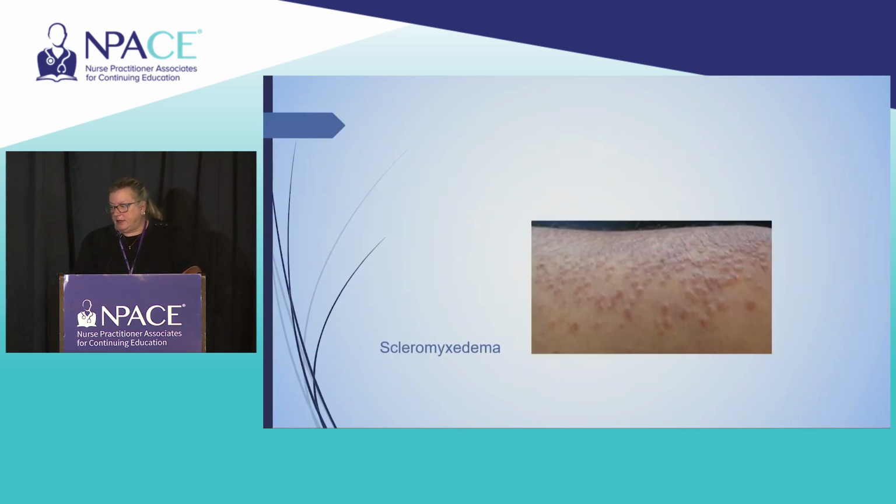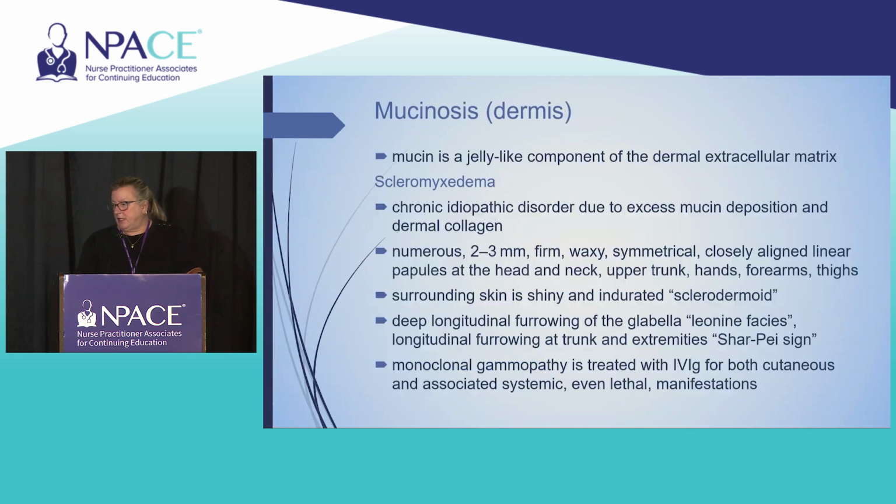This is an example of scleromyxedema. So mucin is a component of the dermal extracellular matrix. So what does that mean? In the dermis, there are a number of appendages, like hair follicles and oil glands and such, and they are simply kind of swimming in a jelly-like matrix that is composed of complex carbohydrates.